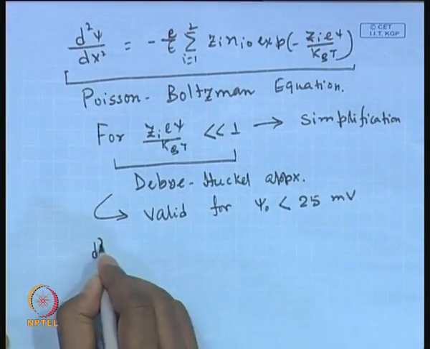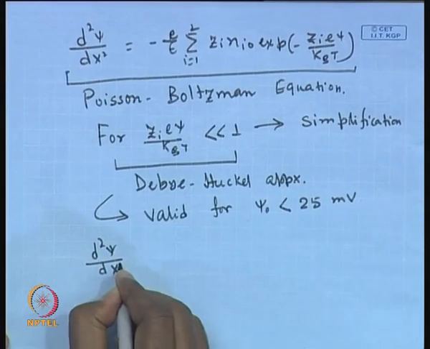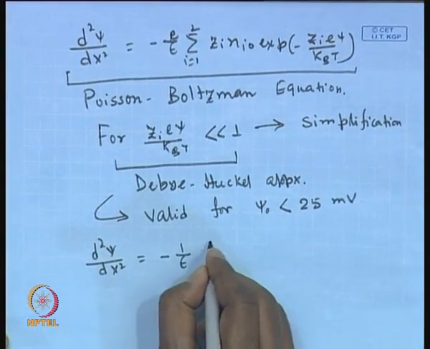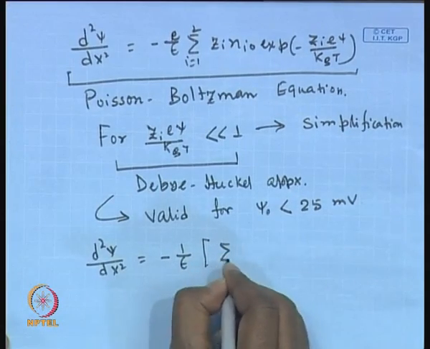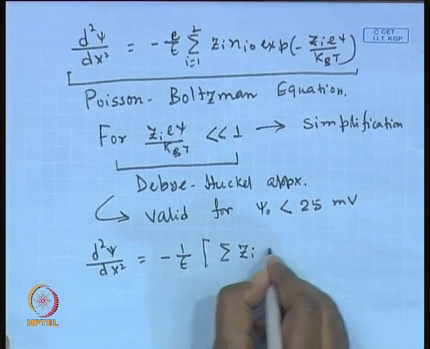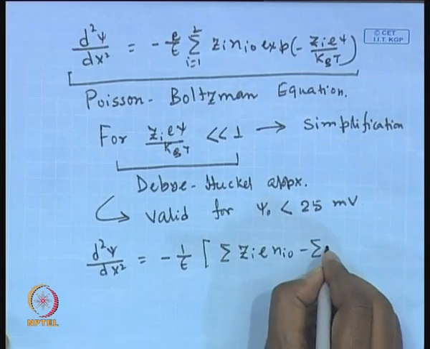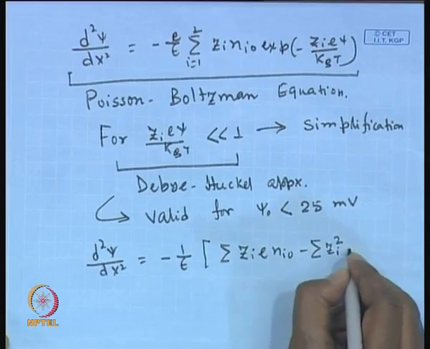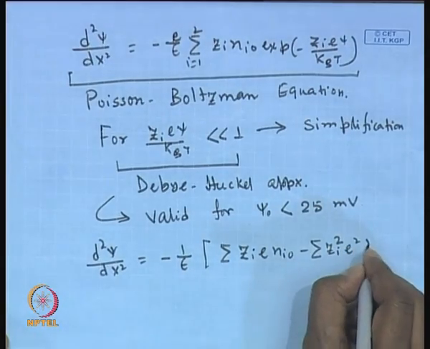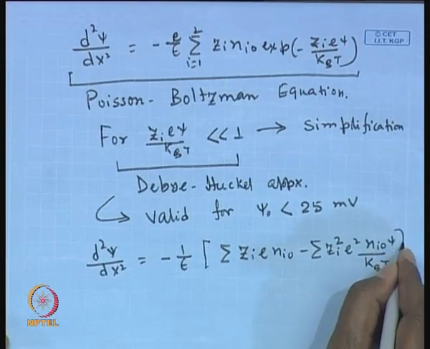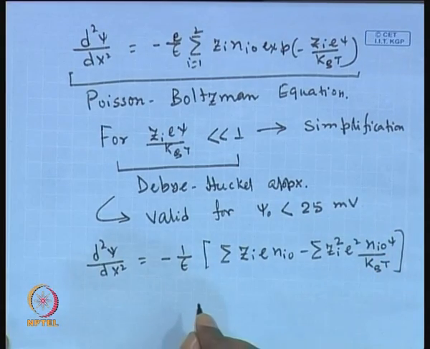So, you will be getting d square psi dx square is equal to minus 1 by epsilon summation z I e n I naught minus summation z I square e square n I naught psi over k b t. Okay.